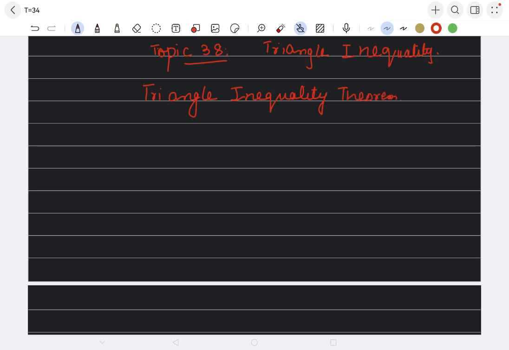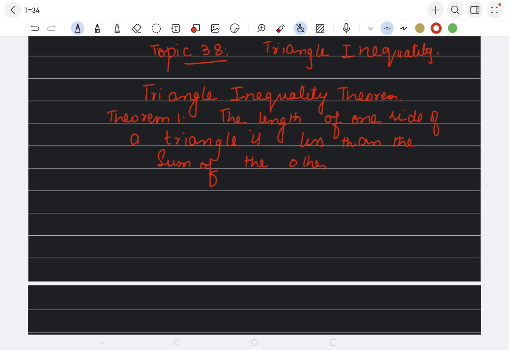So what is our theorem number 1? Our theorem number 1 is the length of one side of a triangle is less than the sum of the other two sides and is greater than the difference of the other two sides.